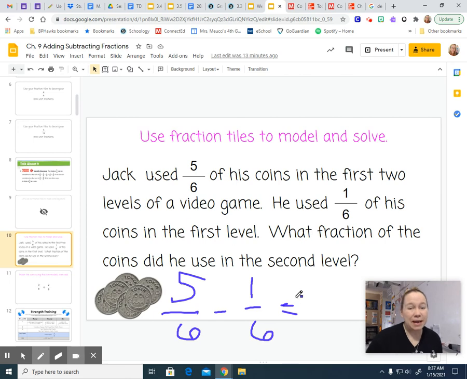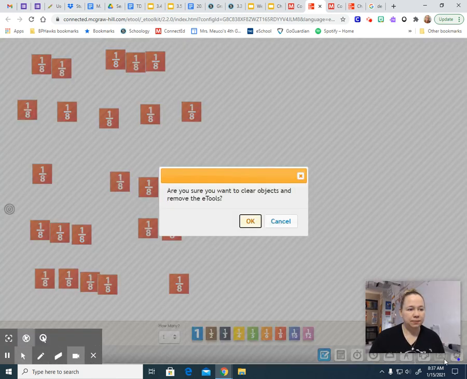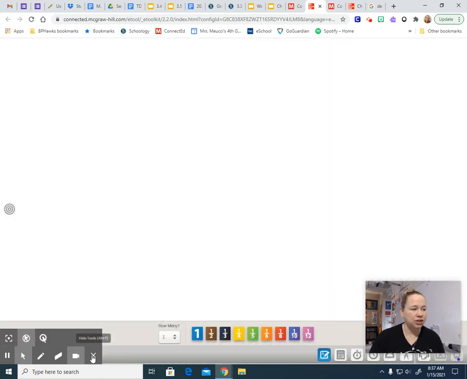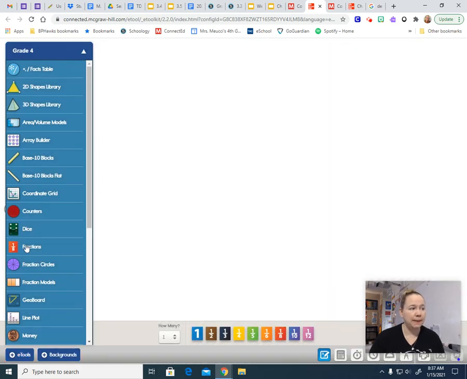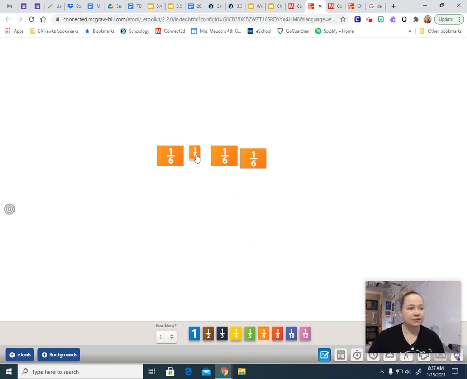So 5/6 minus 1/6. Now, when we're modeling subtraction, let me come back here and clear my screen. When we're modeling subtraction of fractions, we're going to take away. So we have 5/6. So there's 1/6, 2/6, 3/6, 4/6, 5/6, right?